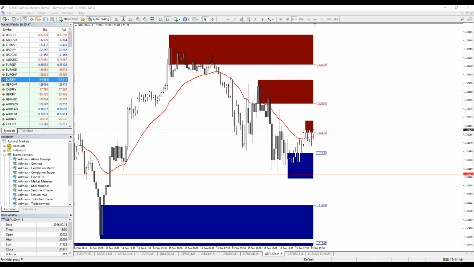Although I say again, I like to draw it myself. Maybe I'm a little bit old school, but that is what I really do, I do it myself. But still, I think you can use this indicator for a couple of interesting strategies.